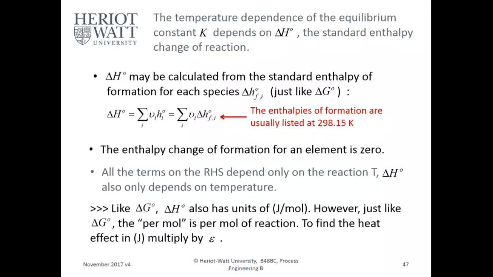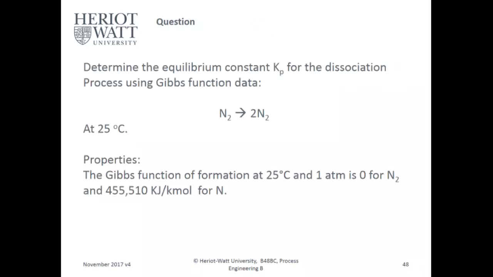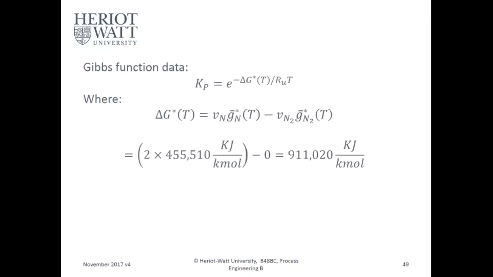Like delta G, delta H also has units of joule per mole. However, just like delta G, the per mole is per mole of reaction, to find the heat effect in joules multiplied by epsilon. We went through this yesterday.